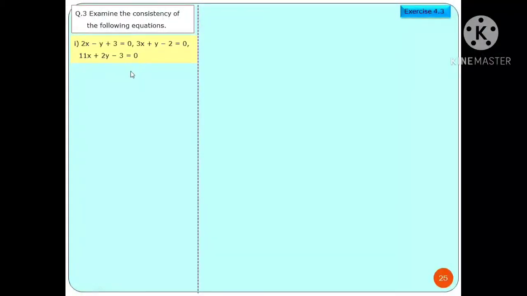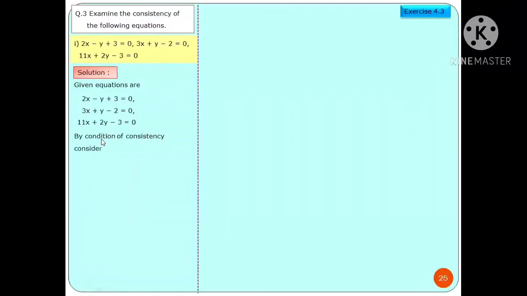In the problem, we are given three equations in two variables. To check consistency, first write the given equations as they are in the answer. These three equations are consistent if the value of the determinant is 0.